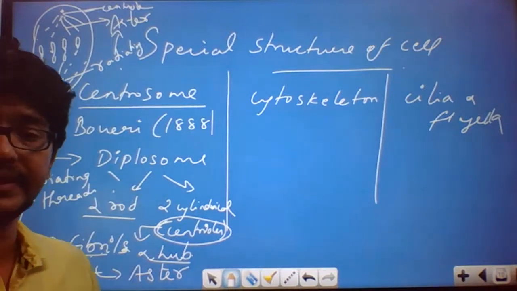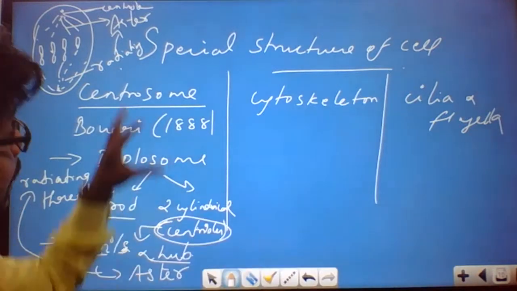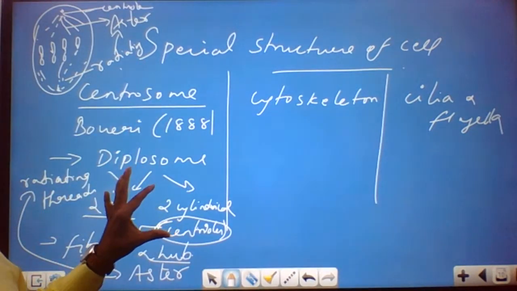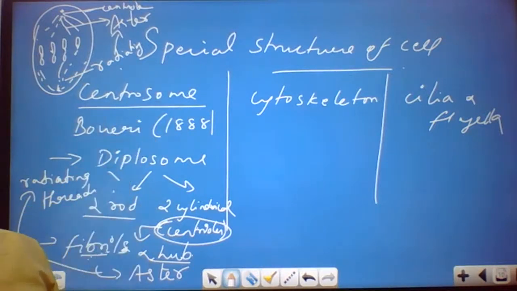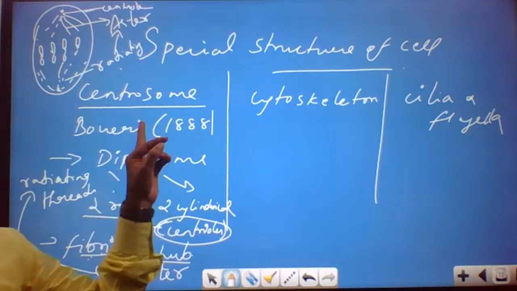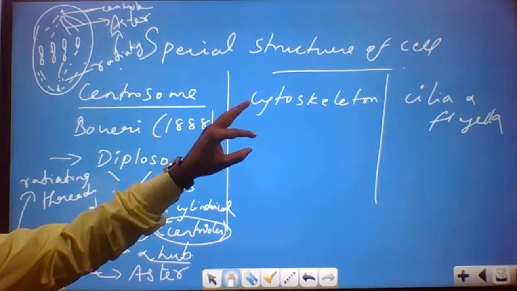We will see this in the next chapter, the cell cycle. Actually we will only see the structure; the introduction we have already discussed in this chapter. So in the cell you have a special structure called centrosome, and centrioles originate from the centrosome. So this is the first part, and the second part we go with the next special structure.